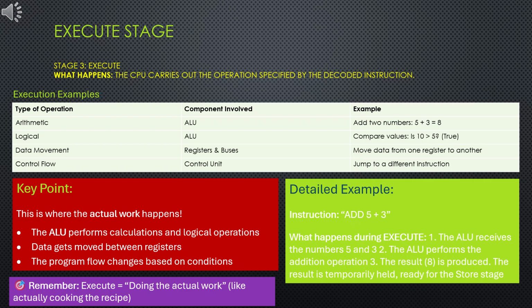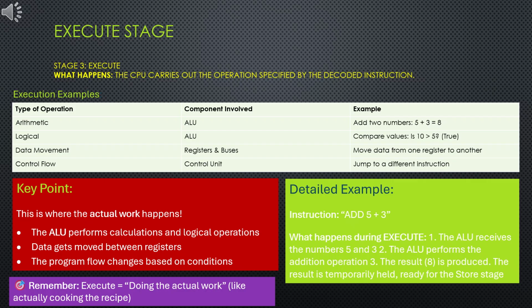Data movement operations are managed by the registers or buses system. Control flow changes like deciding to jump to a different instruction are managed by the control unit.